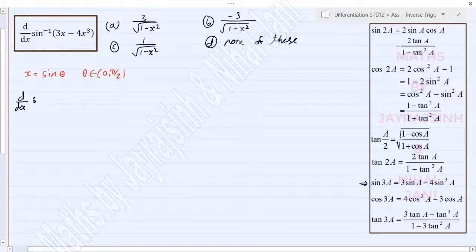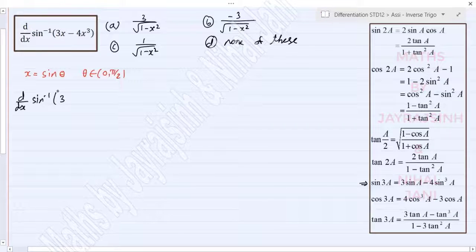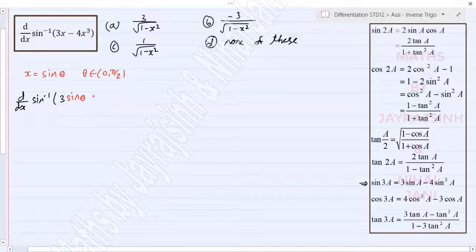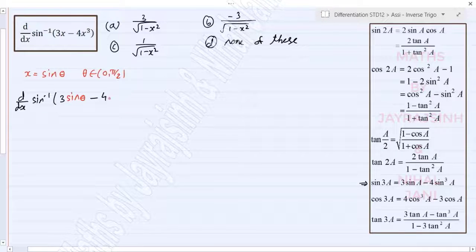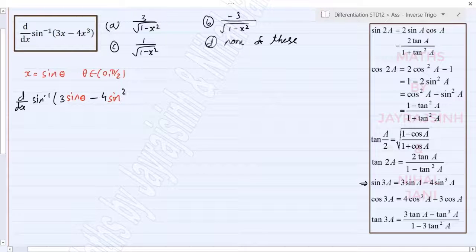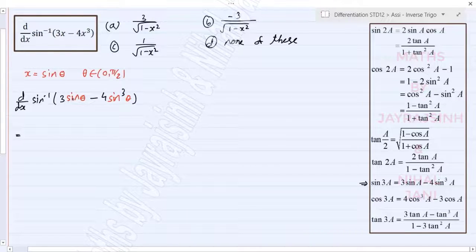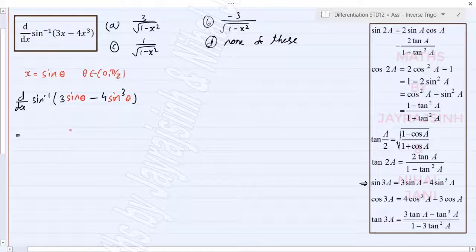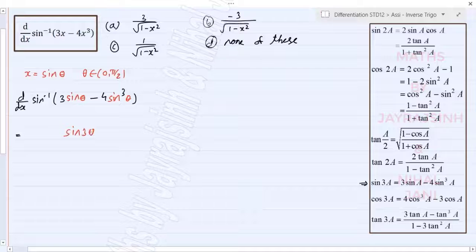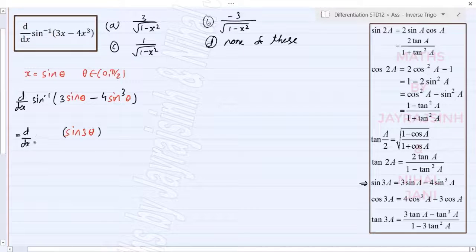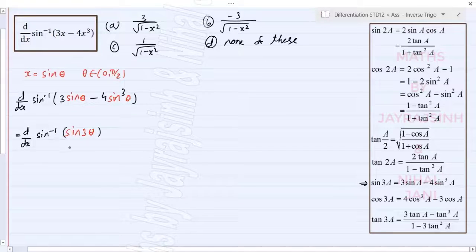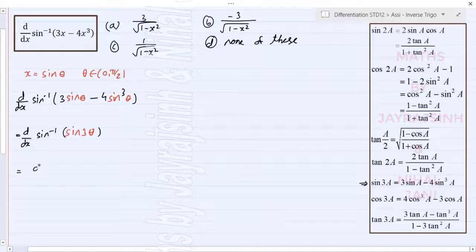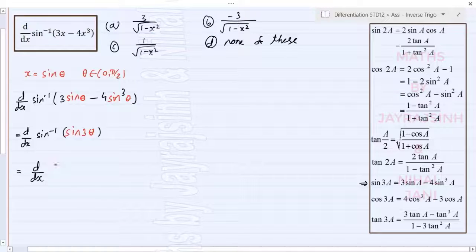So d/dx of sine inverse will be as it is, and instead of x you put sin theta, so 3 sin theta - 4 sin^3 theta, which will be rewritten as sin 3 theta. Here we get sine inverse of sin 3 theta, which is simply d/dx of 3 theta.